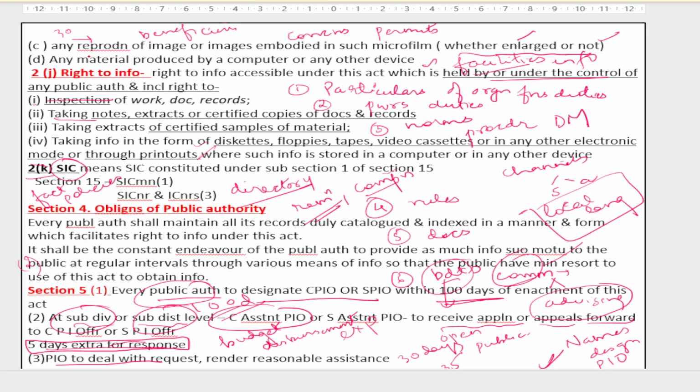It is 30 days in case of normal information, 48 hours in case of information relating to life and liberty, and 40 days in case of third party. So 5 days will be added to the prescribed period in case the RTI application is received by the assistant PIOs.